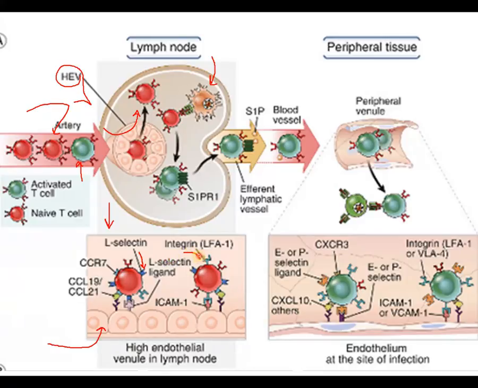Integrin LFA1 is expressed on the lymphocyte, and you have the corresponding molecules on the high endothelial venule, that is the blood vessel entering the lymph node, so that L-selectin will bind to, excuse me, to L-selectin ligand, my mistake. And then LFA1 will bind to ICAM1, allowing that T cell to move into the lymph node following its chemokine trail.